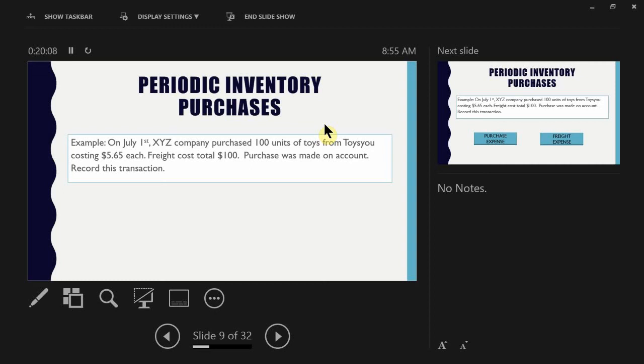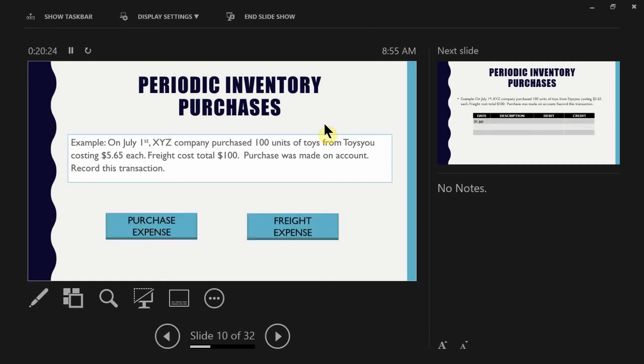All right. So again, we talked about periodic inventory. The one thing that you need to understand is that when you make your purchases of inventory, you're purchasing it as an expense. If you remember the few items that are considered cost of goods sold, there is the original purchase price, which is your purchase expense.